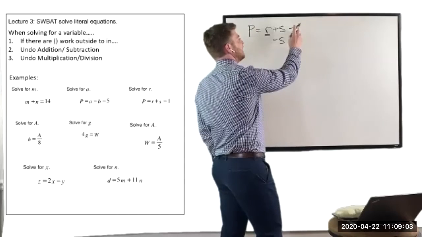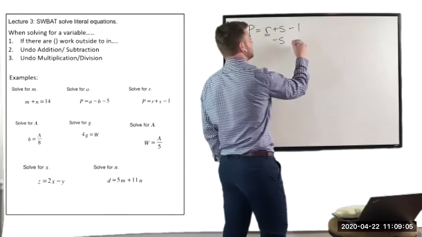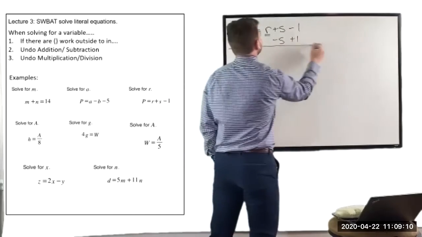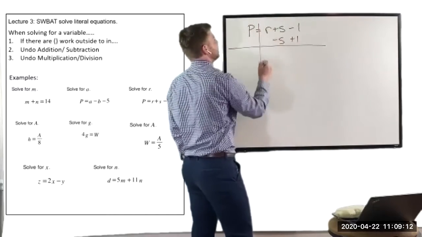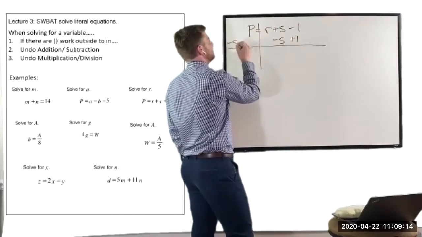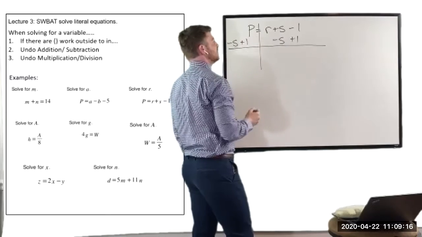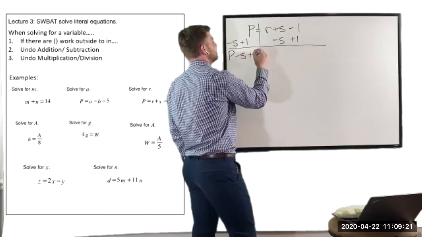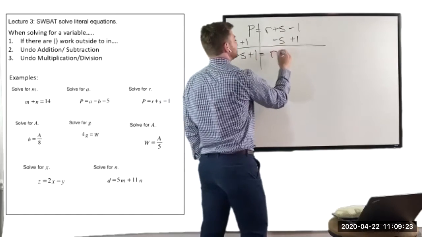Okay, well, we have a negative 1, so the way that we can undo this negative 1 is by adding 1. Now remember, if we do it to one side, we need to do it to the other side. So we have a negative S and a plus 1. So this would be P minus S plus 1 equals R.